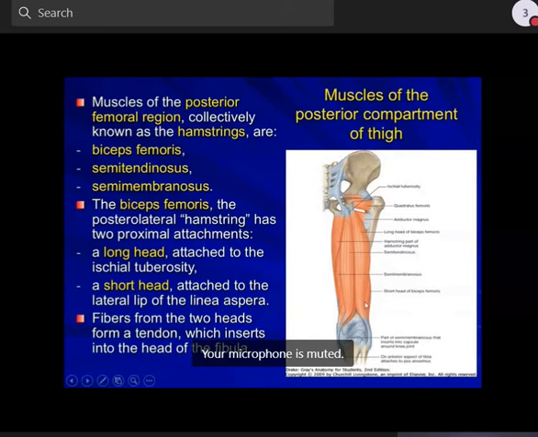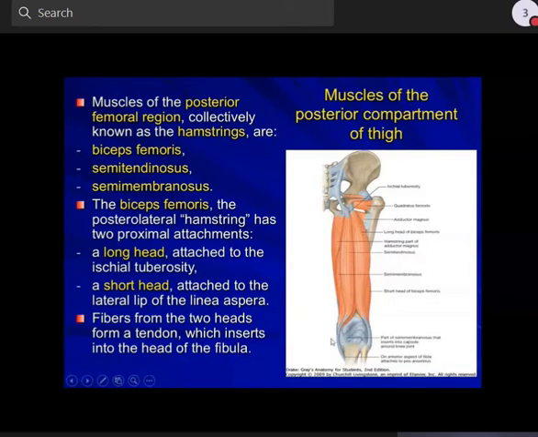How about the semitendinosus? The semitendinosus participates in the superficial anserine piece, being the posterior most in position.